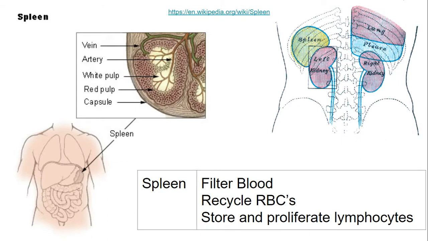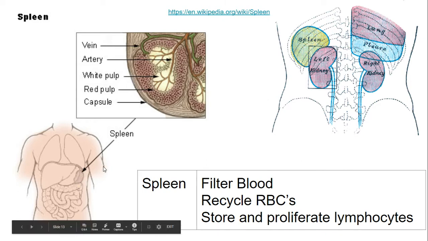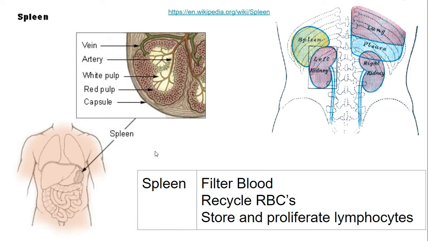We also have our spleen. Once we get into the blood, the spleen is going to be more involved with actually filtering the blood. And it's the same kind of idea. It's the same basic kind of tissue that we see with our lymph nodes. In addition to checking for foreign antigens and activating lymphocytes, B cells and T cells, the spleen is also really in charge of recycling old red blood cells and breaking them down.